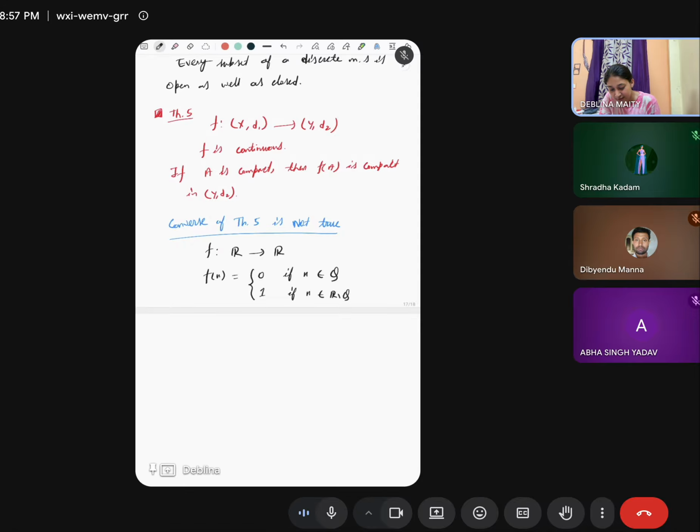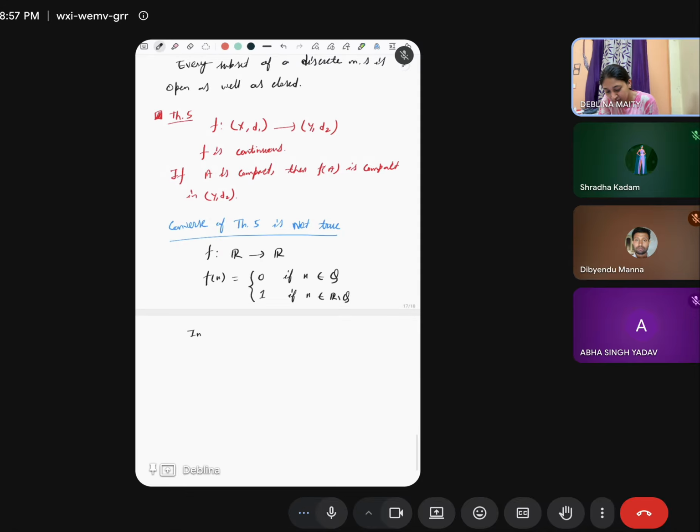Now the image of every subset of R is always a subset of the finite set {0, 1}, right?